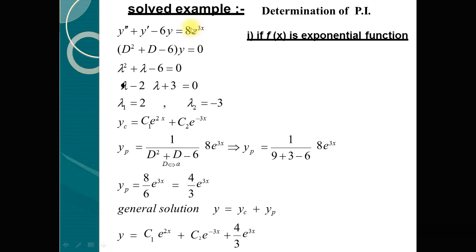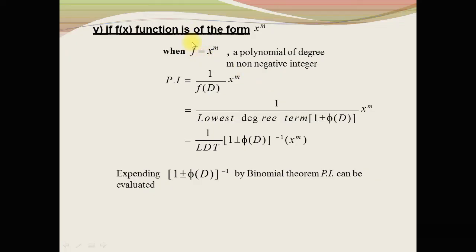When f of x is in the form of trigonometric functions, like sin ax, cos ax, how to find the particular solution? When f of x is a product of exponential and trigonometric functions, how to find it? And when f of x is in the form of a polynomial, how to find the particular solution?